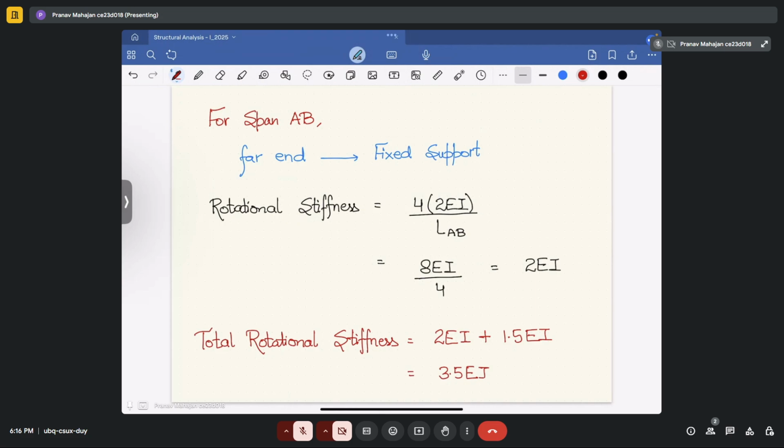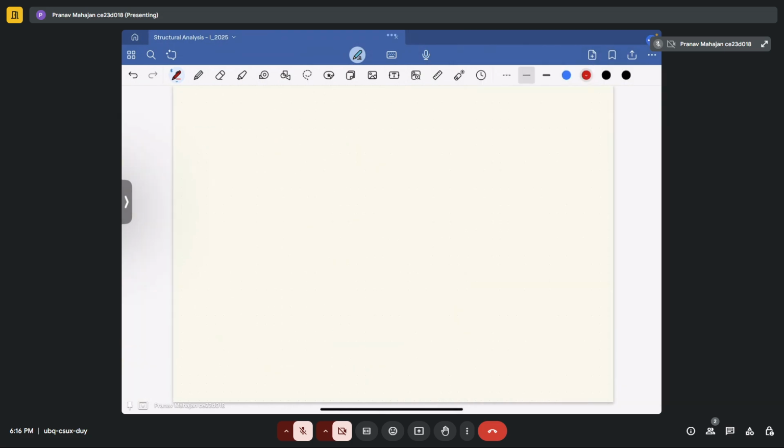Now, as I already told you, rotational stiffness is how much moment is required to produce unit rotation. That means your theta B will become M upon 3.5 EI.